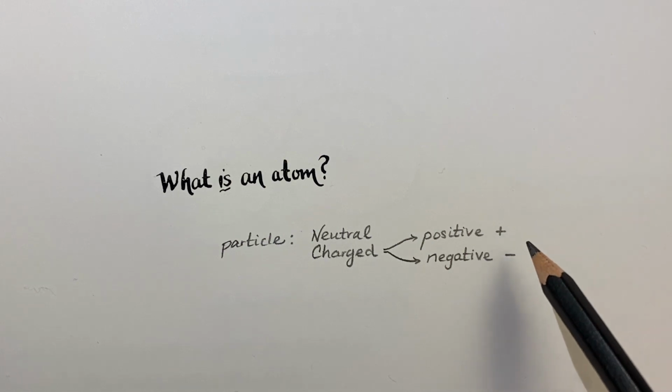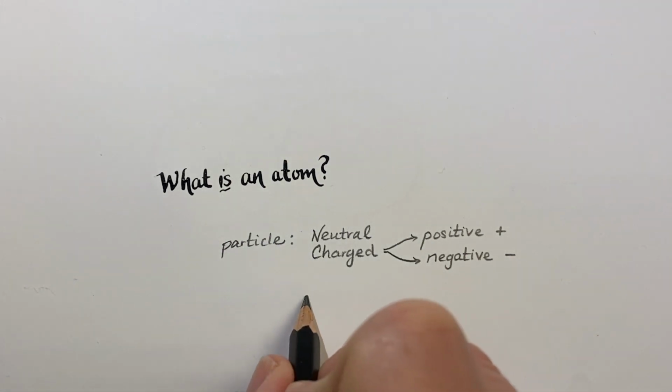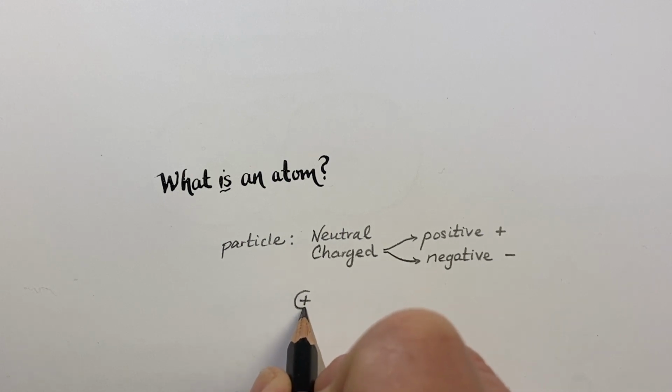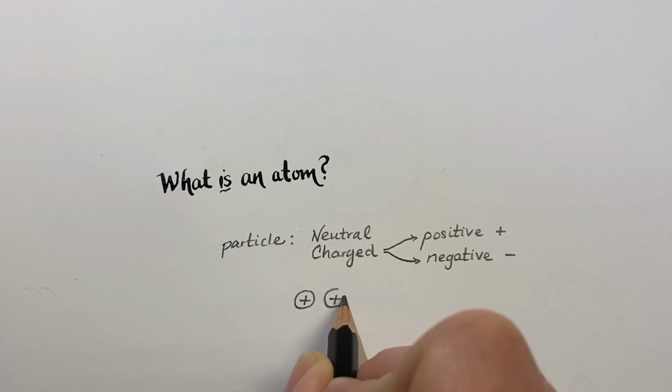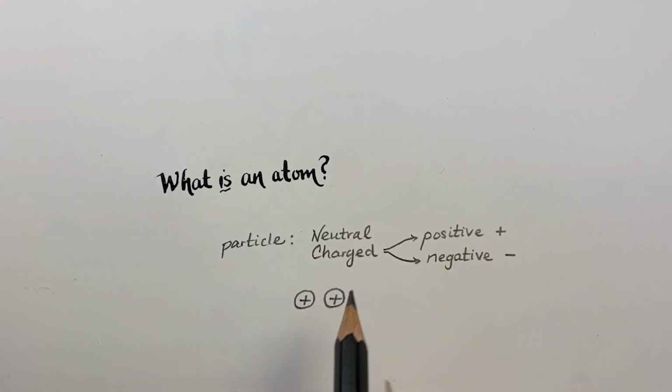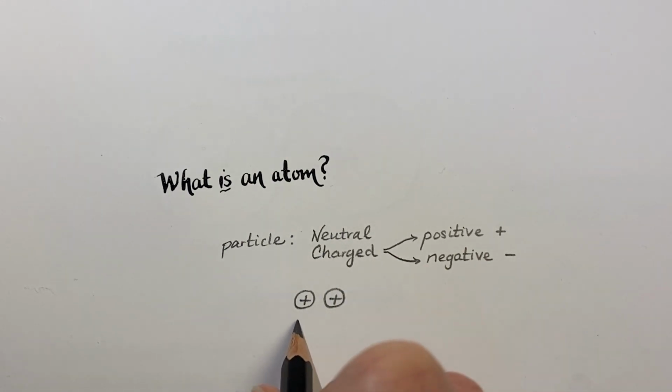And if you have two particles, and I'm gonna put circles around them. Two particles that are positive, they will repel.